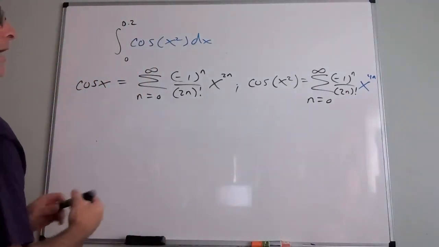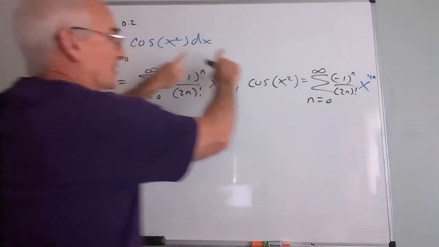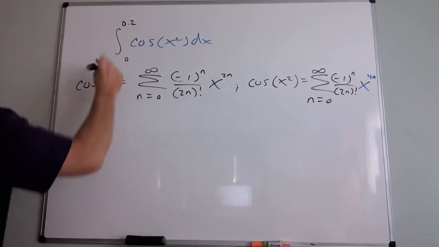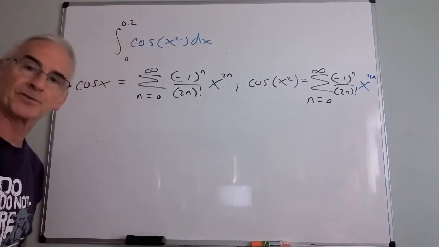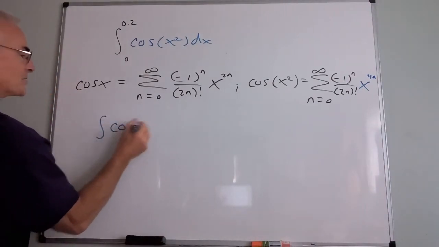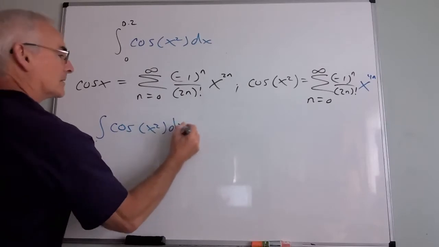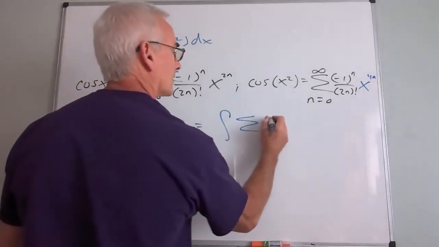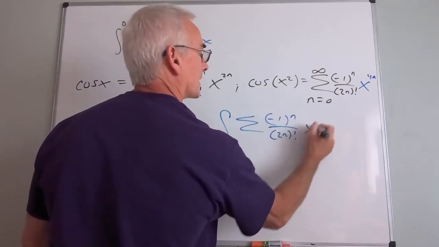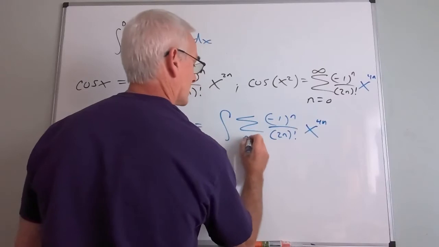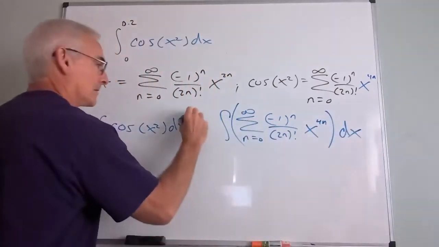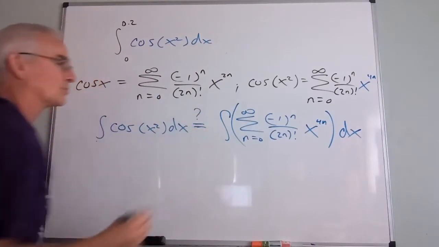All right, so if I replace this with this, how does that help me? Well, let's look at the antiderivative first. Forget the limits of integration just for a moment. Here's my question. True or false?